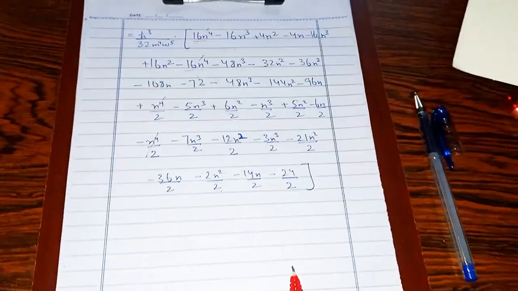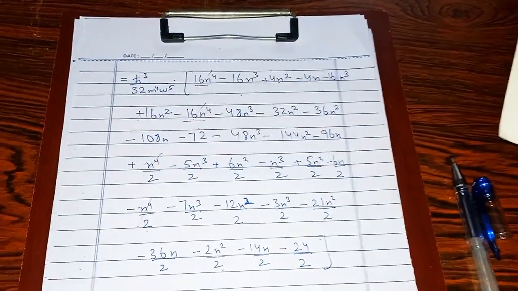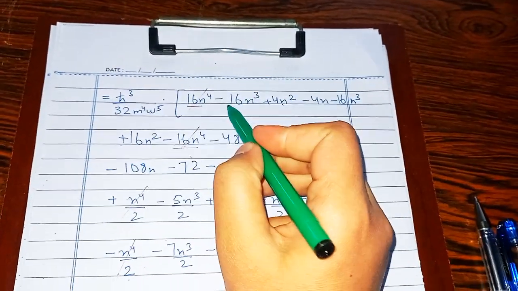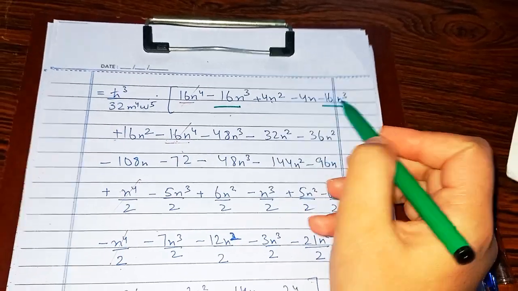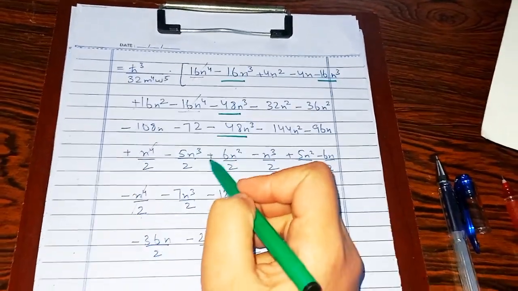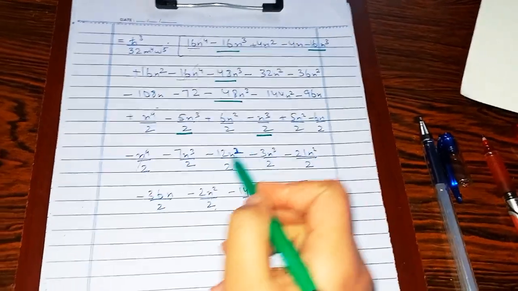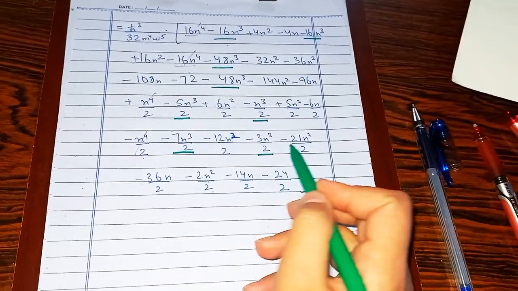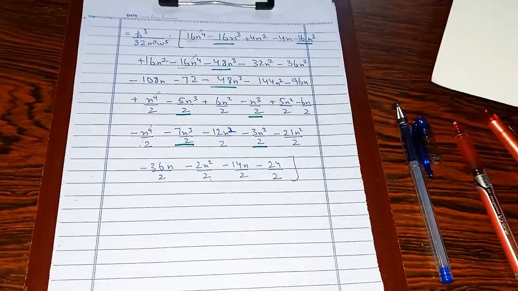Now let's see the terms which have n³ in them. So I'm underlining all those terms which have n³ in them. So it's minus 16n³, minus 16n³, minus 48n³, minus 48n³, minus 5 by 2 n³, minus n³ by 2, minus 7 by 2 n³, minus 3 by 2 n³. Yes, these are the terms which have n³ in them.